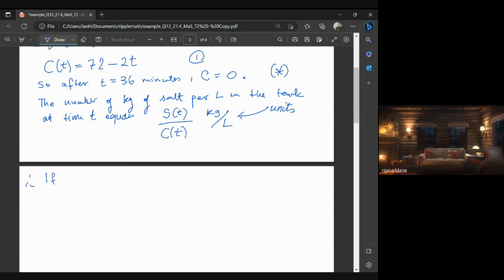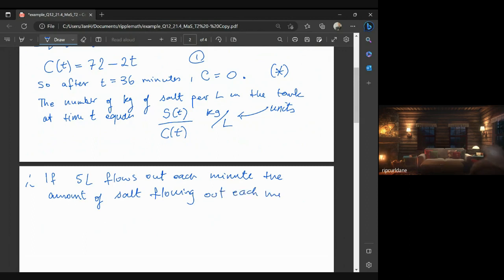Therefore, if 5 liters flows out each minute, the amount of salt flowing out each minute in kilograms at time t is S of t over C of t.